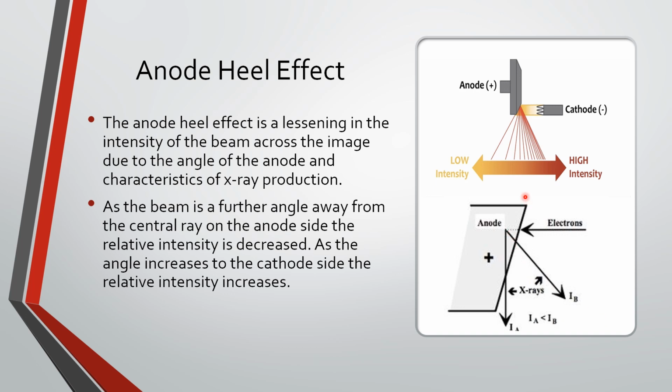The central ray is usually just labeled as 100%, and that's the intensity of the beam. Everything this way would be less. It can get all the way down to 40% or so, depending on how the angle is here and how wide the field of view is, and it can go all the way up to 130% of the central ray intensity.